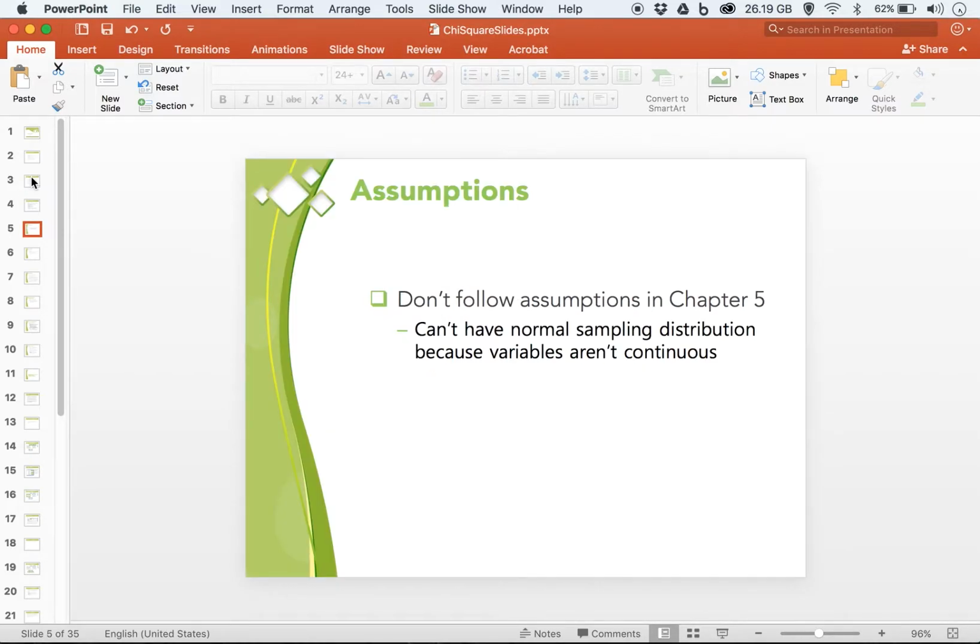Before we can actually do any analysis, we have to know that we do not follow the assumptions discussed in Chapter 5 that are for parametric tests. You can't have normal sampling distributions because your variables are not continuous, meaning they're not measured on an interval or ratio level.